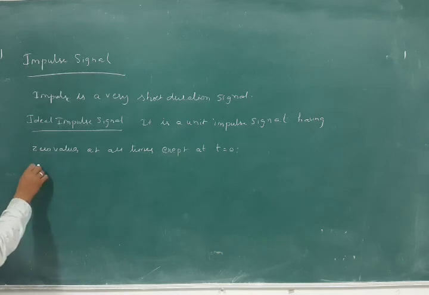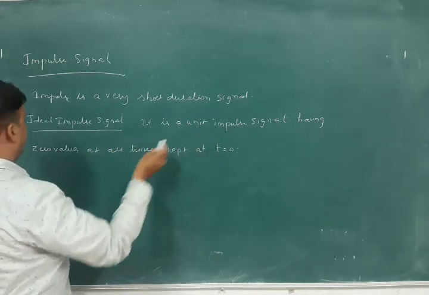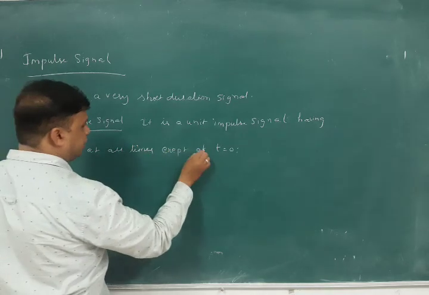So, we will write the expression now mathematically. It is a unit impulse signal having 0 values at all times except at t is equal to 0.